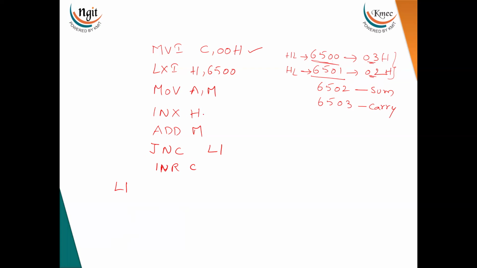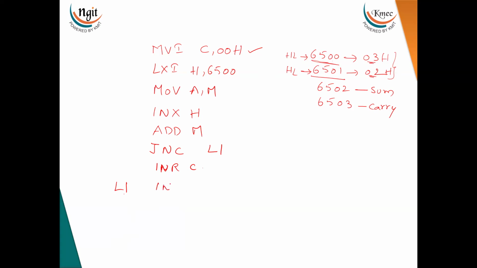INX is for incrementing a 16-bit register. Since the HL pair we have to increment, that's why we use X. Wherever X comes, that is for the pair. So with JNC, if there is no carry, it jumps here. Otherwise, if the carry is generated, it comes here, and the C register will be incremented by 1.